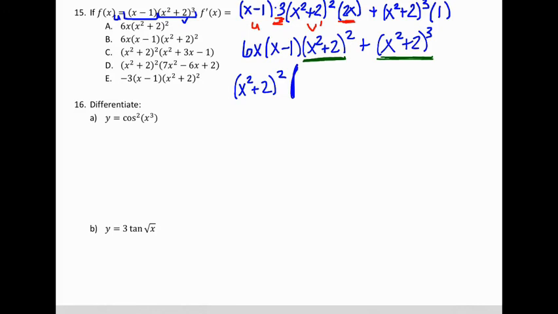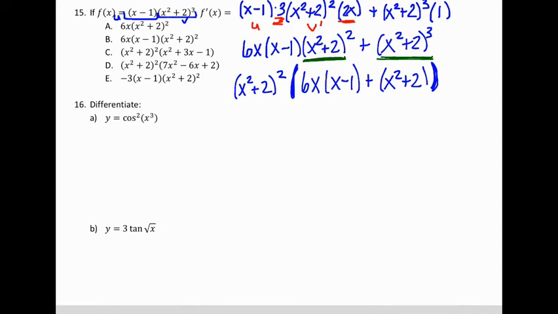If I pull this x squared plus 2 squared to the front, then I'm left with these two terms on the inside, 6x times x minus 1, and then plus, well, I was only able to pull out squared to the front. So I would have one more, or x squared plus 2 to the first, left on the inside.